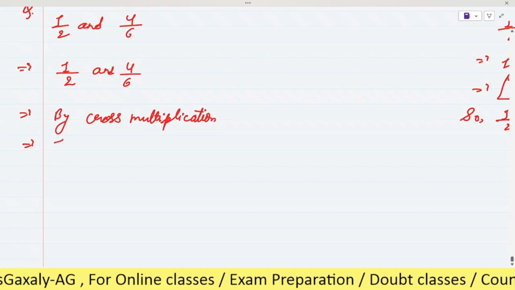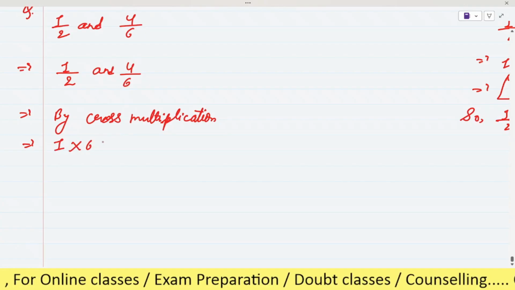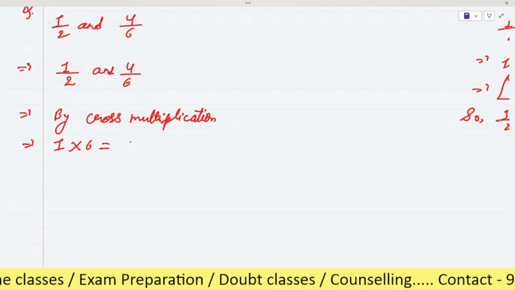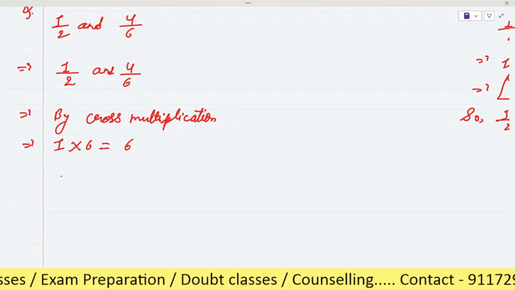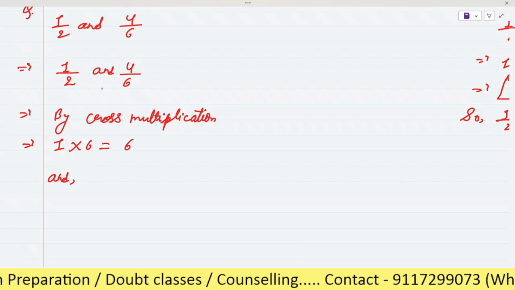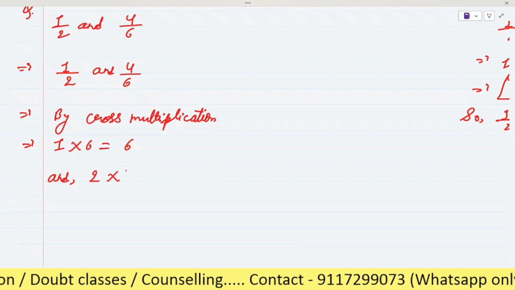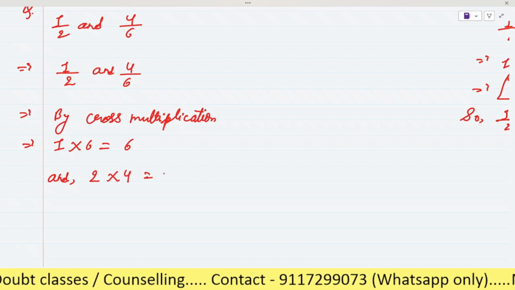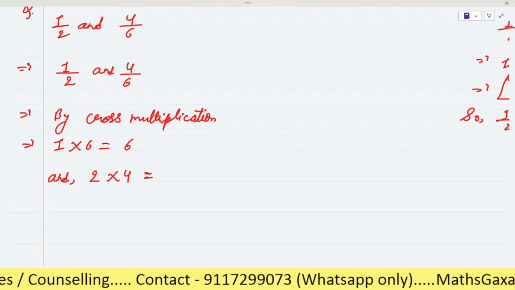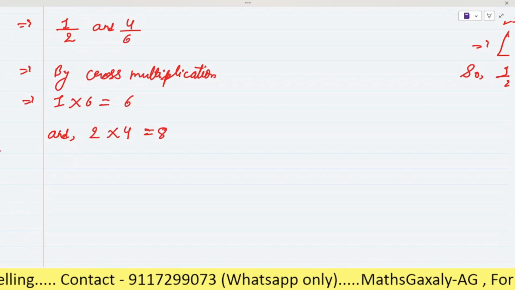In cross multiplication, this 1 will be multiplied by the 6. So here we will write 6 multiplied by 1, so 1 into 6 will be 6. Then we will multiply 2 into 4, which will be 8. It's a basic thing.